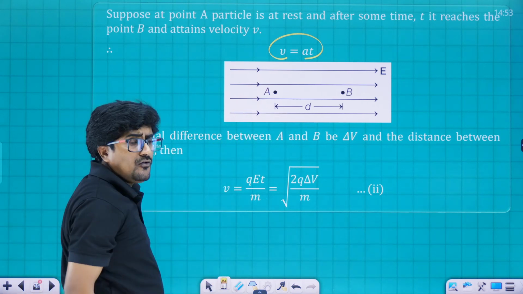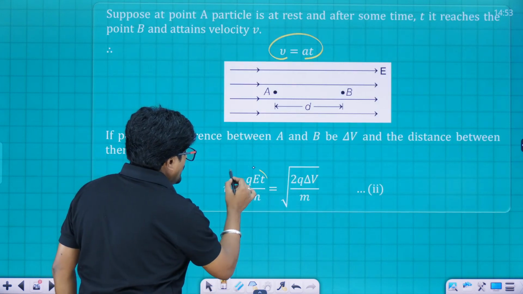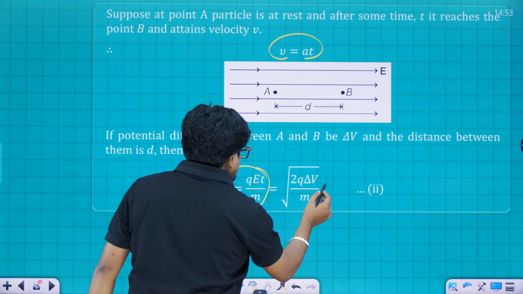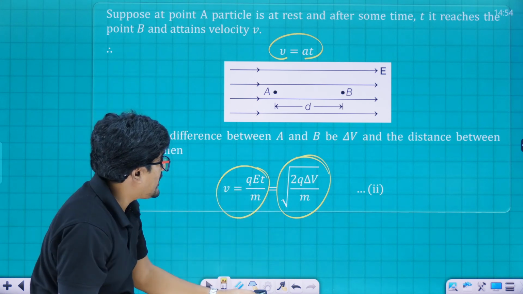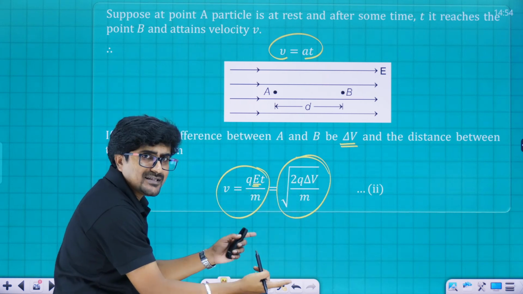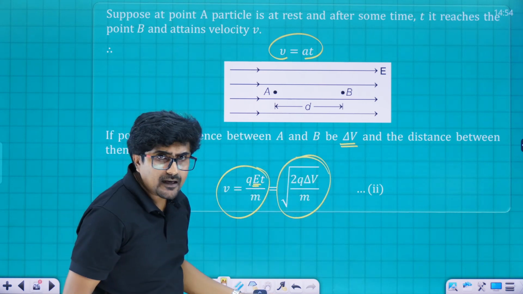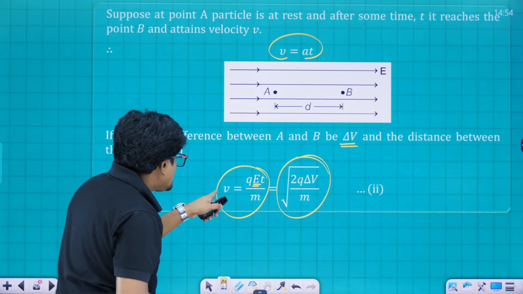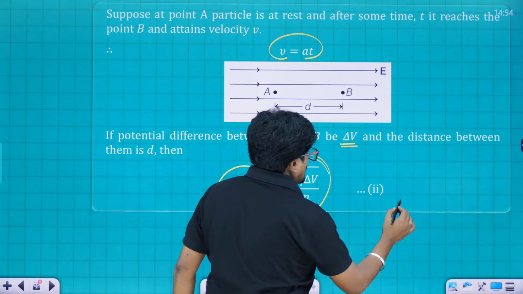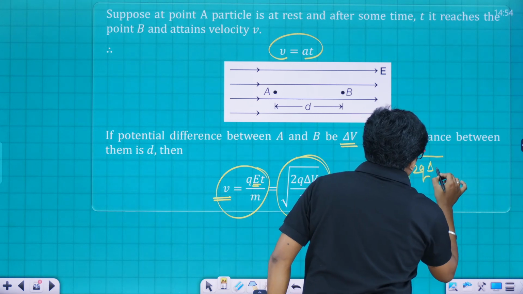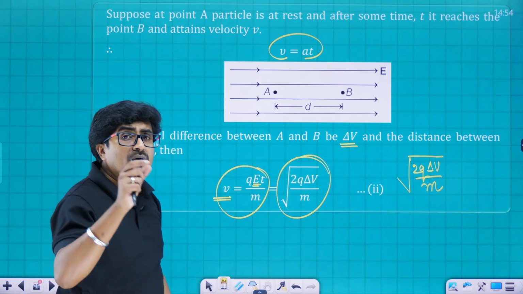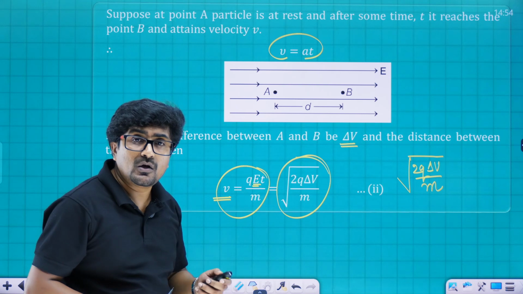Since we know the value of a, we can have the final expression for velocity as v equal to qEt divided by m. This can be represented in another way, if we are provided with the potential difference of capital V. Here the electric field is replaced by other terms, that is capital V. In that case, the speed attained by this charged particle is going to be under root of 2 times q into delta V upon m, where delta V is the potential difference through which this charged particle got accelerated.